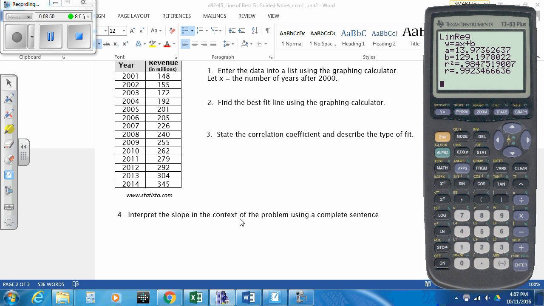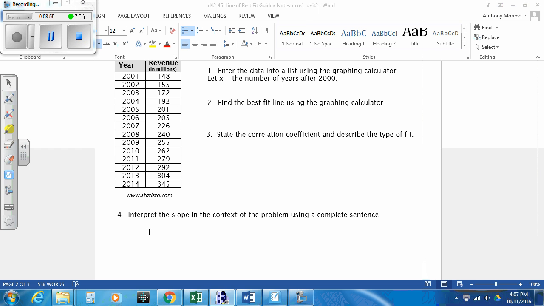Interpret the slope in context of the problem using a complete sentence. So I could say, as far as the slope goes, that the revenue per year increases about 13.9 million.